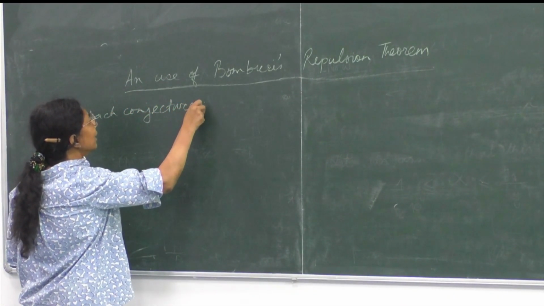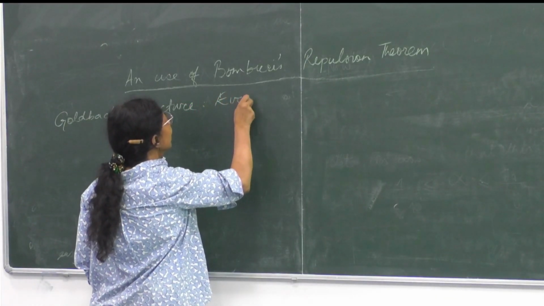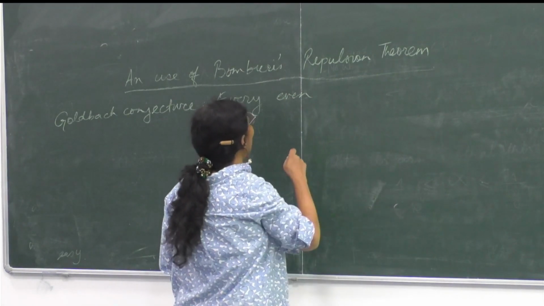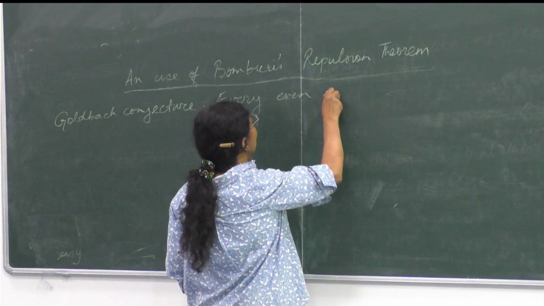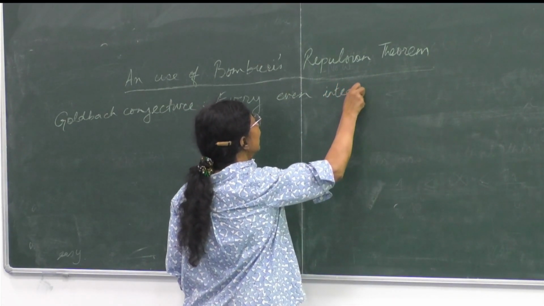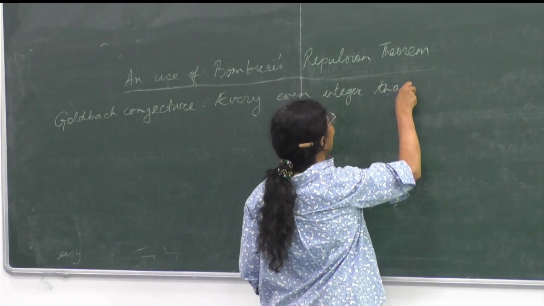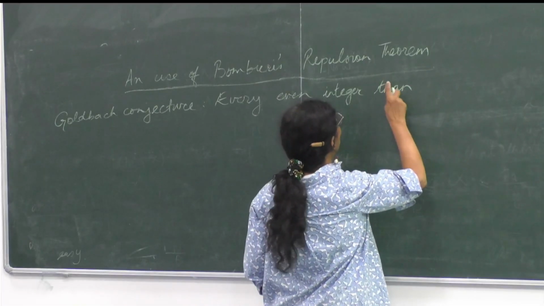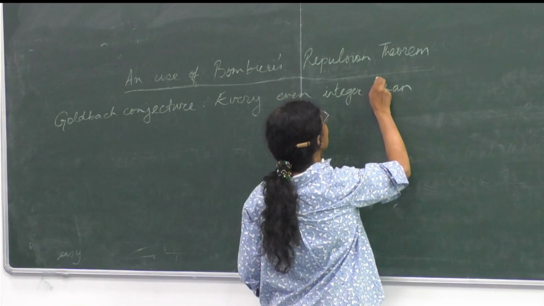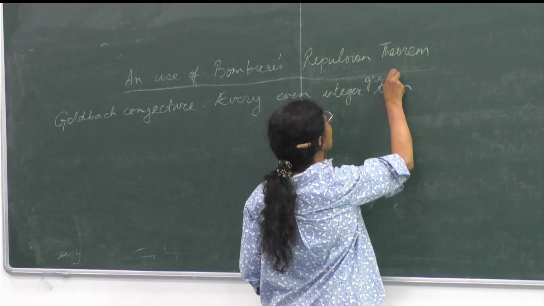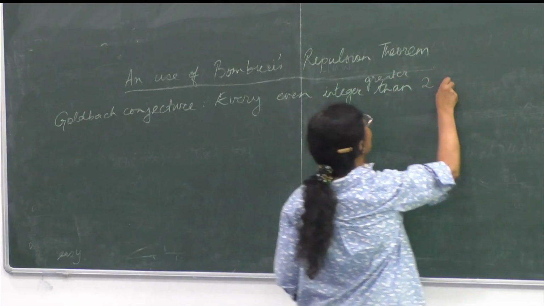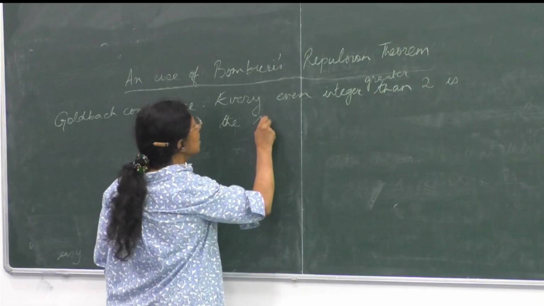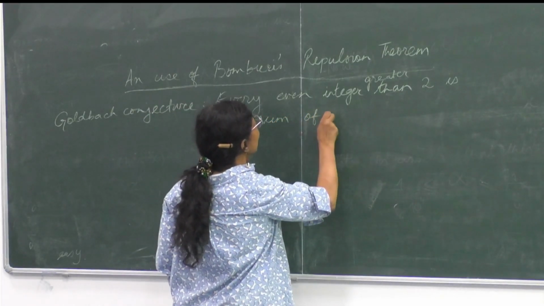This says that every even integer, yesterday we saw that every large even integer, larger than 2, is the sum of 2 primes.